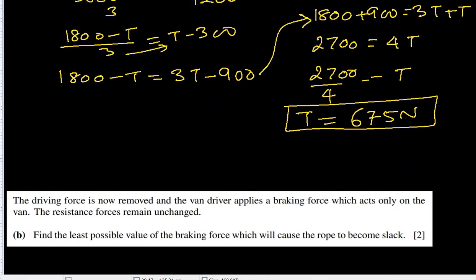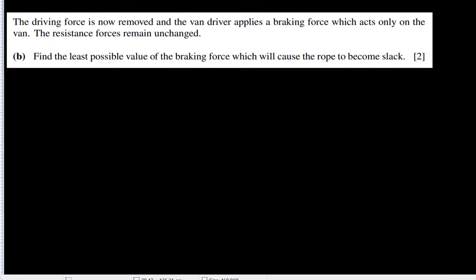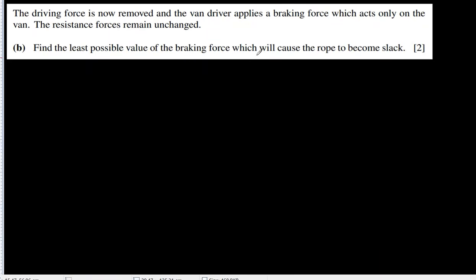Okay, the next part. The driving force is now removed and the van driver applies a braking force which acts only on the van. So this is the van. There is no driving force, only the resistance force, 700 Newtons, and there will be a braking force. Let's call it FB.